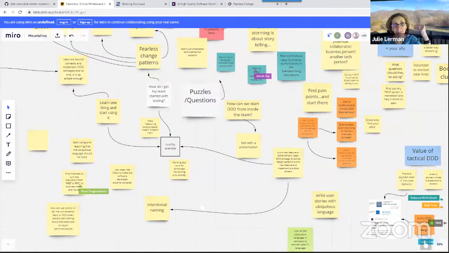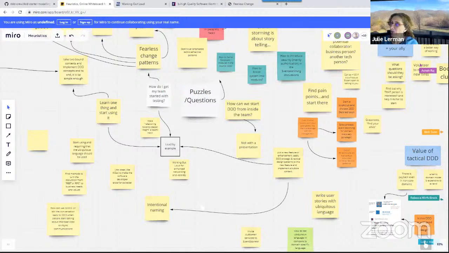Just to get them thinking about where those collaborations might be able to happen. Not always just the business people and the coders and the testers and the product owners. There might be other people too.